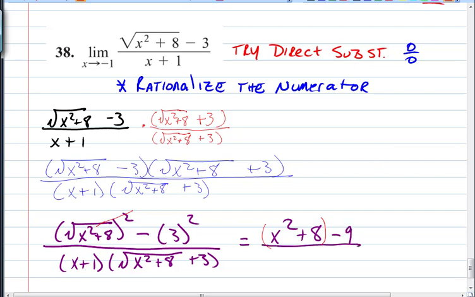Sorry, don't mean to ask the hard questions. Over x plus 1 times that whole thing, the square root of x squared plus 8 plus 3. There we go. Now, the numerator will simplify into what?